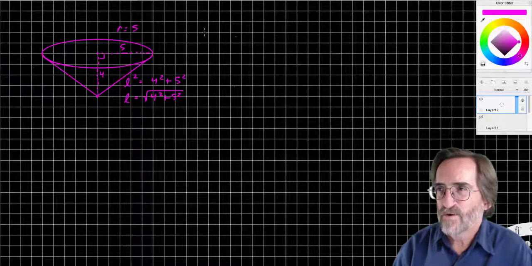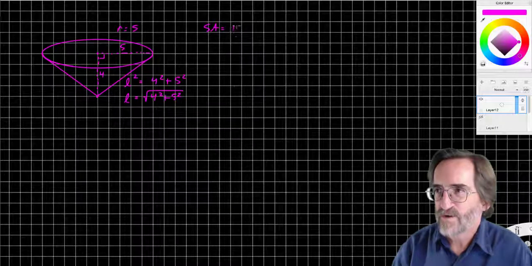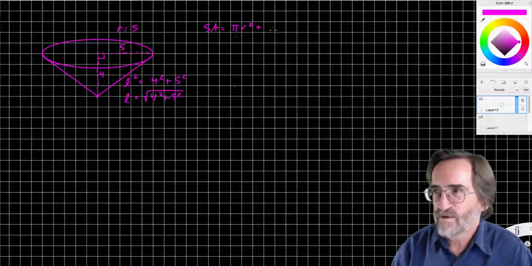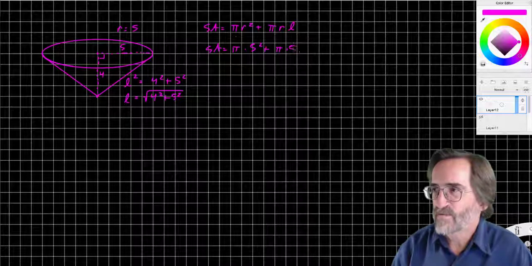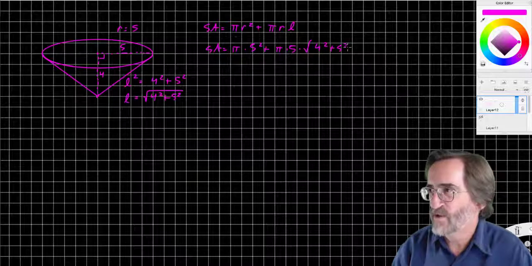And so now our surface area becomes the base, pi r squared, plus the lateral area, which is pi r L. So let's plug in what we know. Surface area is pi times 5 squared plus pi times the radius of 5 times the square root of 4 squared plus 5 squared.